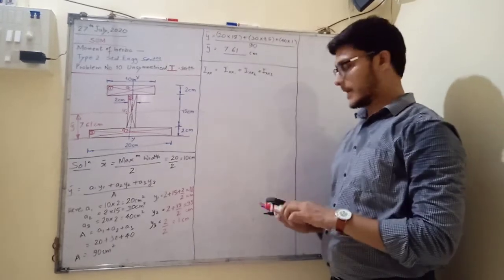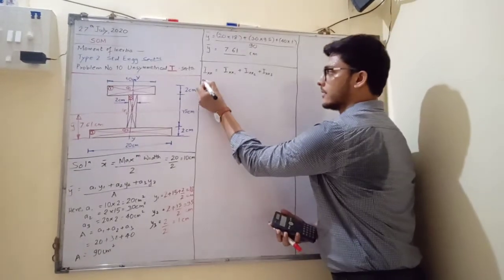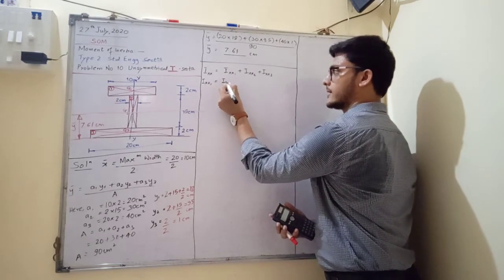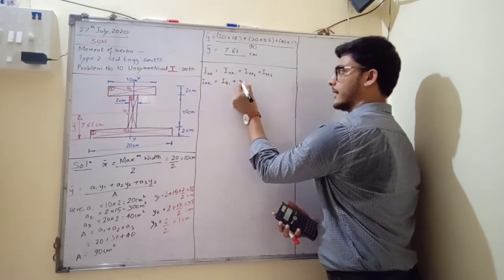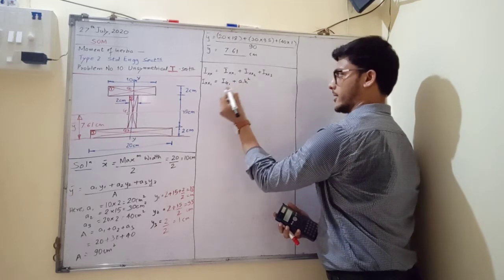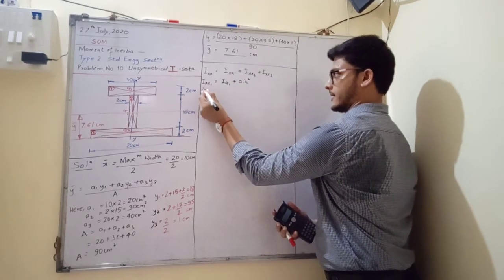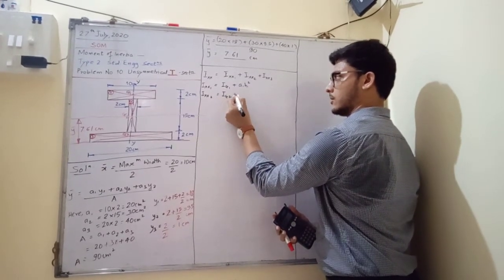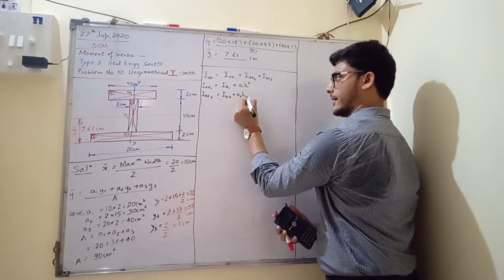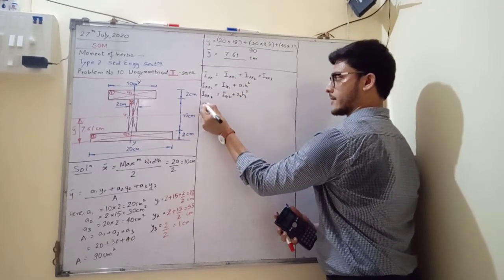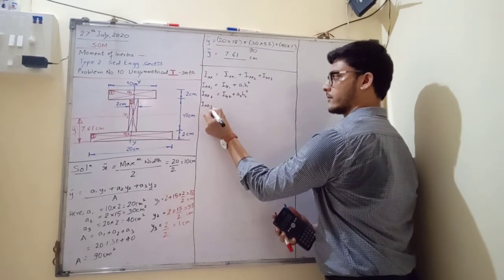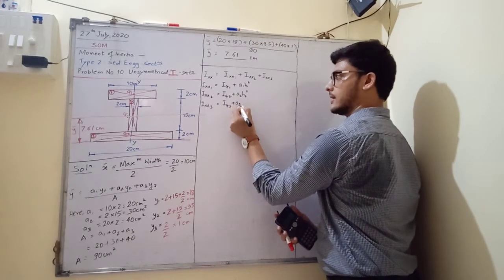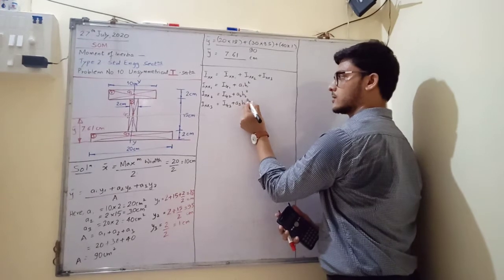Okay, so I am applying the parallel axis theorem one by one. Ixx1 will be equal to Ig1 plus A1 H1 square. Ixx2 will be Ig2 plus A2 H2 square. Ixx3 will be Ig3 plus A3 H3 square.